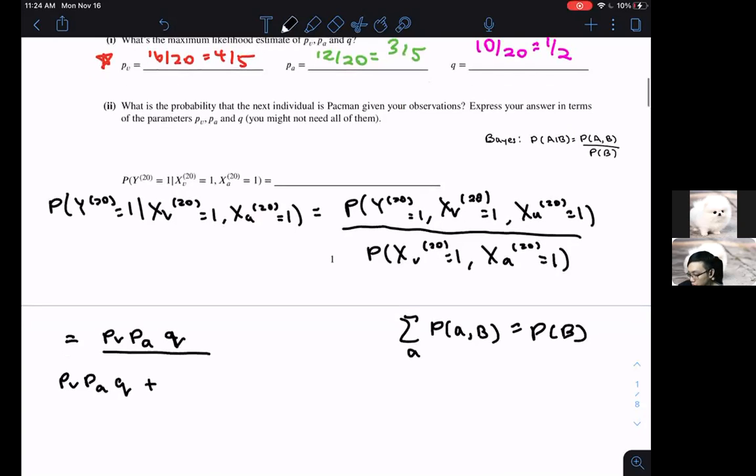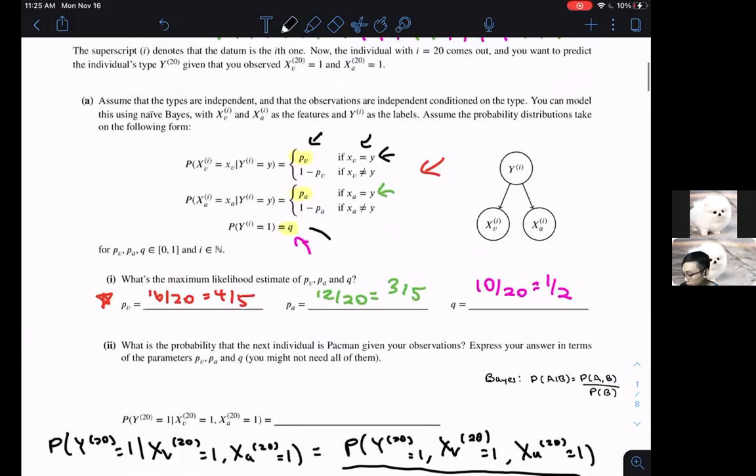So we're summing over the possibilities of y. So this is the case where y is equal to 1. Now we want to add the case where y is equal to 0, since those are the two possibilities of y, and we're summing that variable out. So in that case, if we take a look at our probability distributions up top, in the case where y is equal to 0 and the features remain the same, we actually have 1 minus q right here.